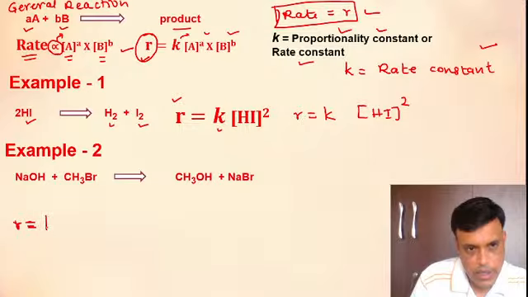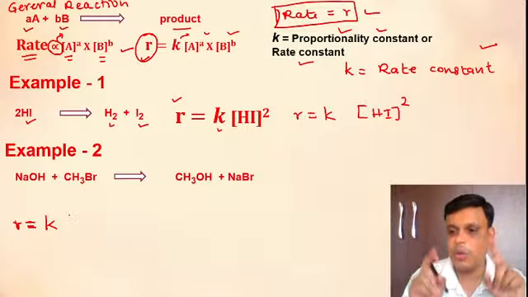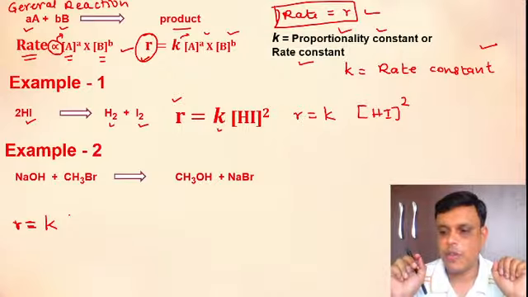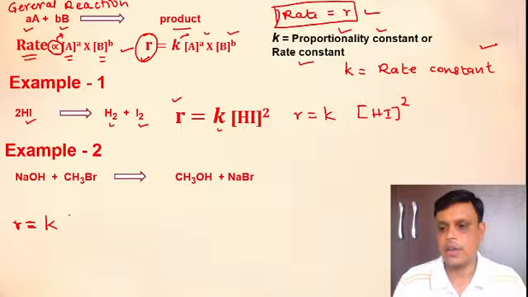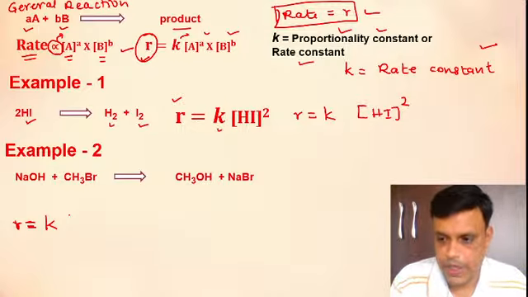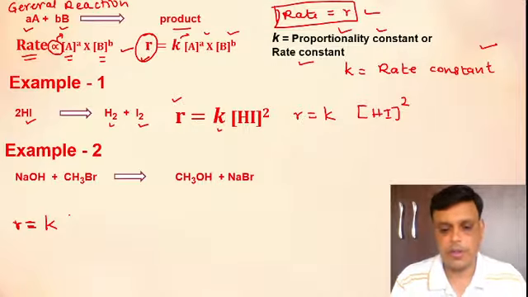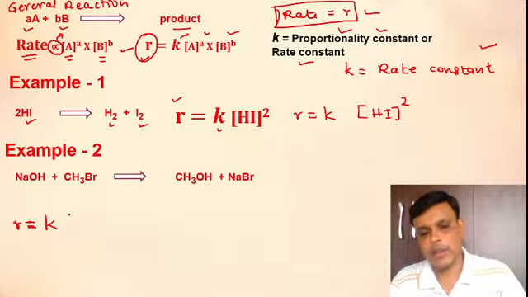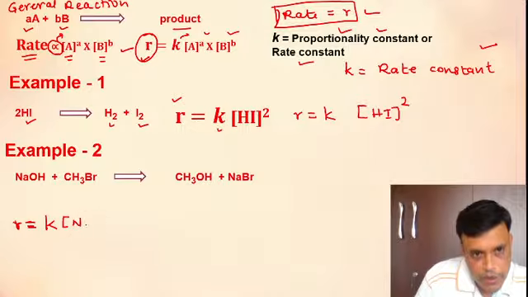R is equal to K into molar concentration of NaOH into molar concentration of CH3Br. Correct, Madhukar, Rupesh Kumar Yadav, very good. Rate is equal to K into molar concentration of NaOH into molar concentration of CH3Br. Why NaOH?